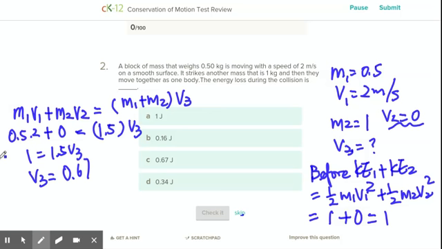Okay, then you have to find out the kinetic energy after. Let me just find some space on the left side. So after collision, the kinetic energy is equal to, since they move together, right? So the mass, so it's half mv3.